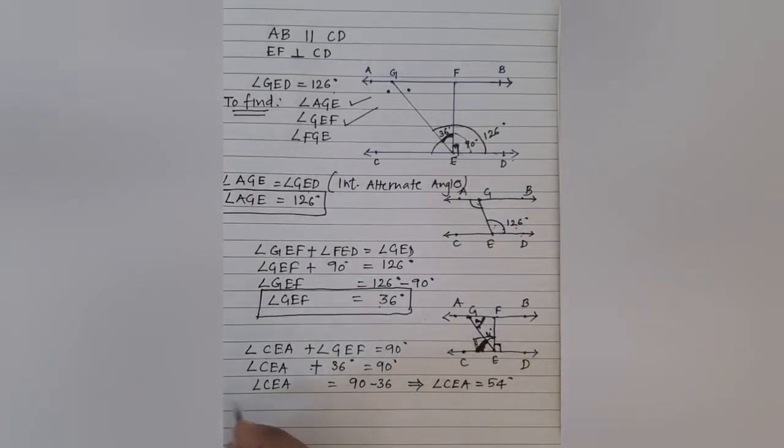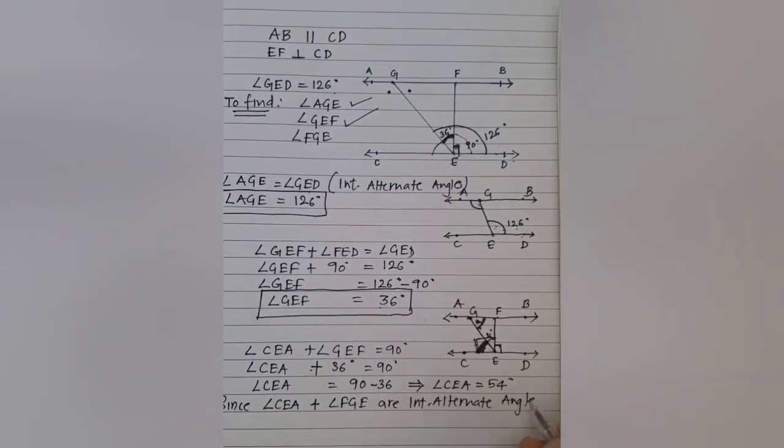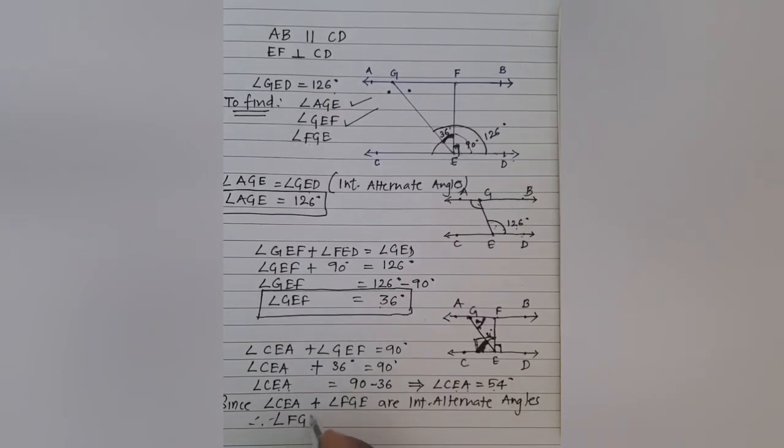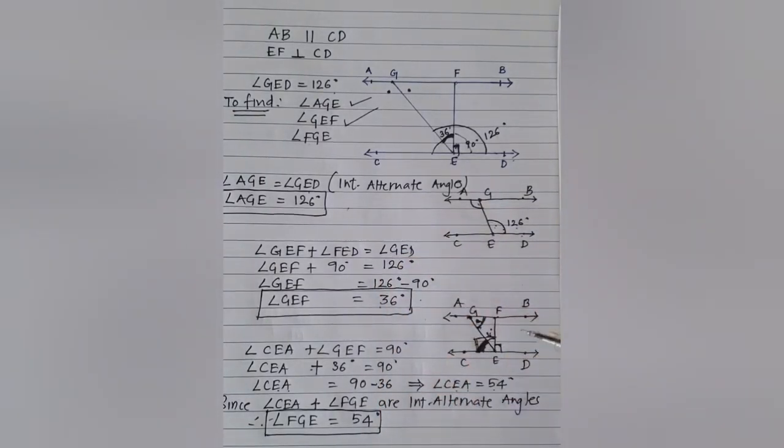So I would next write, since CEA and FGE are interior alternate angles, they are equal, and hence if CEA is equal to 54 degrees, FGE will also be equal to 54 degrees. In this question we have been asked to find the measure of 3 angles, and we have got the answer for all 3 of them. This concludes question number 3.